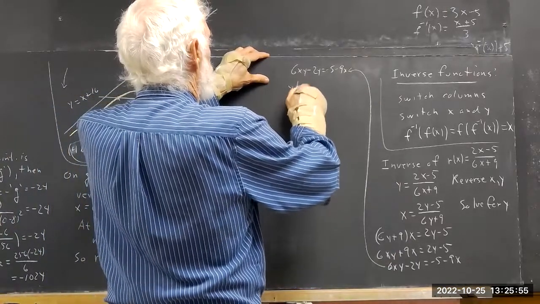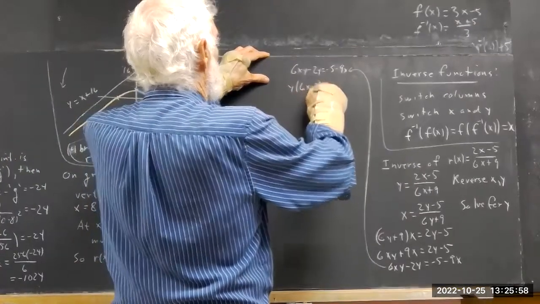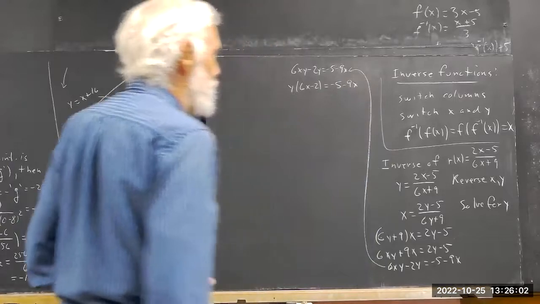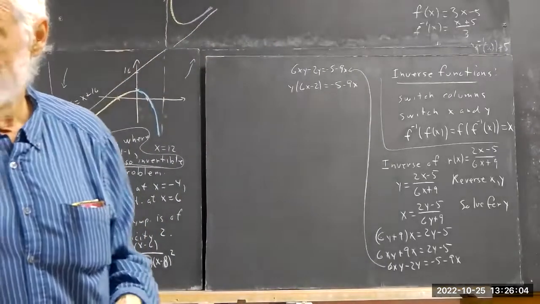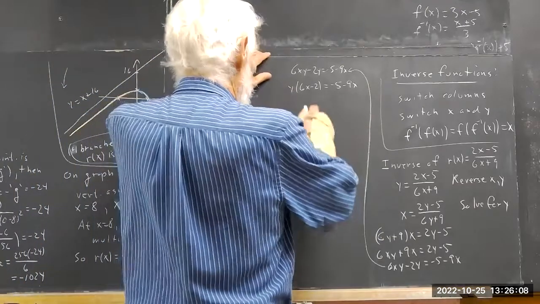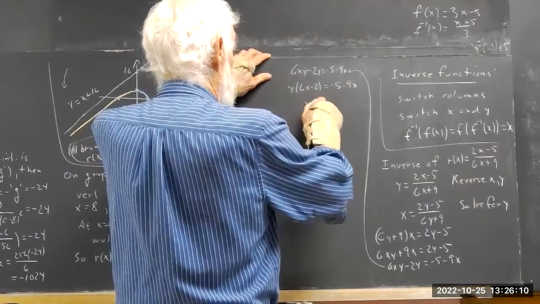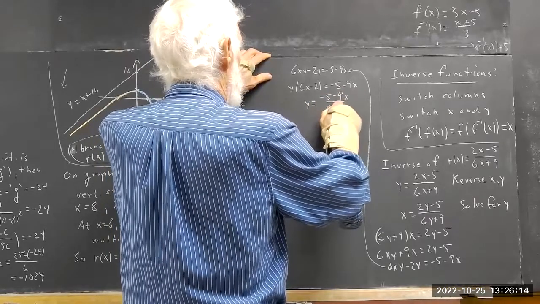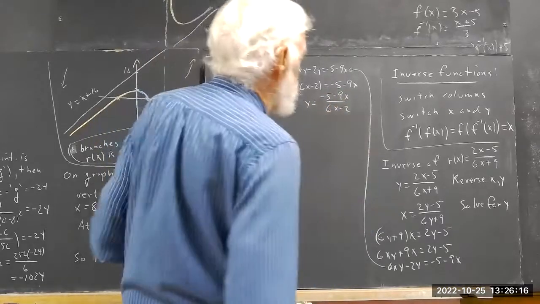We can write this as y times (6x minus 2) equals -5 minus 9x. Now it's easy. We just divide both sides by 6x minus 2. Here we have it.